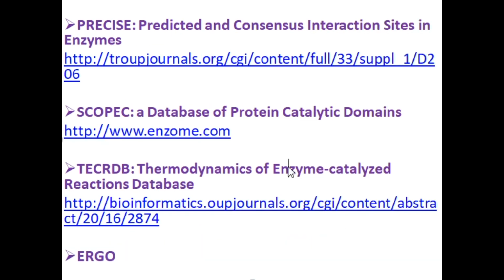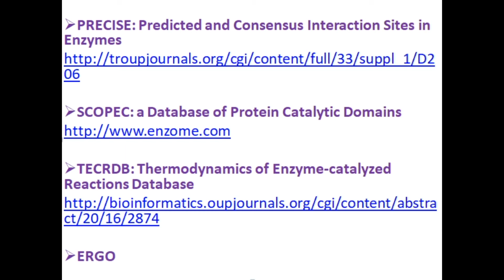Next database is PRECISE, predicted and continuous interaction sites in enzymes. This database contains information on the interaction between the amino acid residues of an enzyme and its ligands.